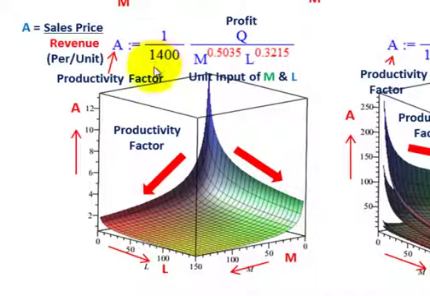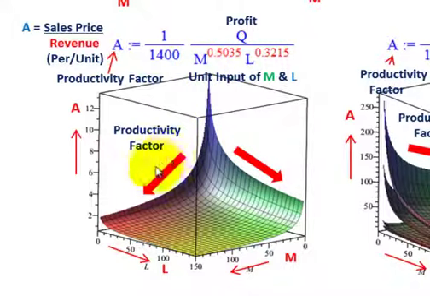All I'm doing is showing it plotted out in 3D, where I got that productivity factor, A, along our vertical axis, and then we have those inputs for our labor and material increasing in these directions. It's just good to look at it in a 3D plot to understand what's going on here.